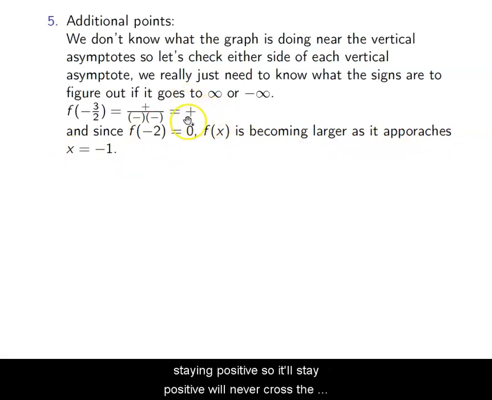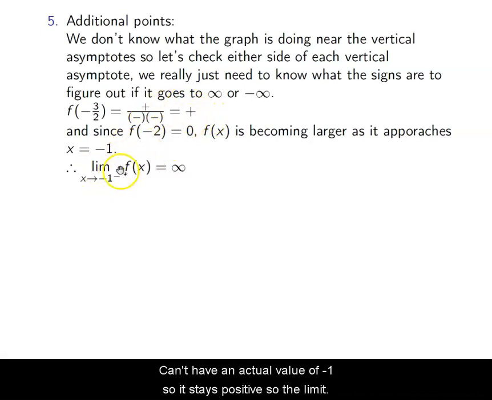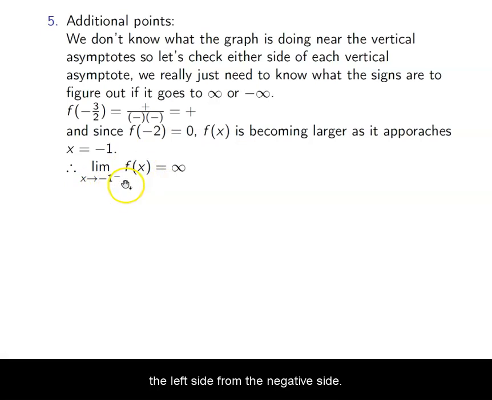It's staying positive. It will never cross the x-axis again after -2. So I know it has to stay positive, and I can't have an actual value at -1, so it stays positive. So the limit of my function as x goes towards -1 from the left side, from the negative side, is positive infinity.